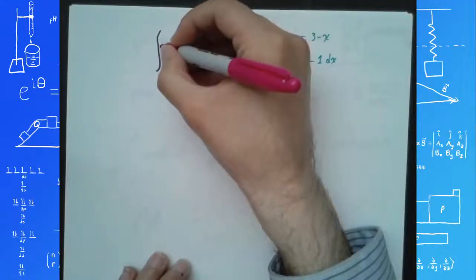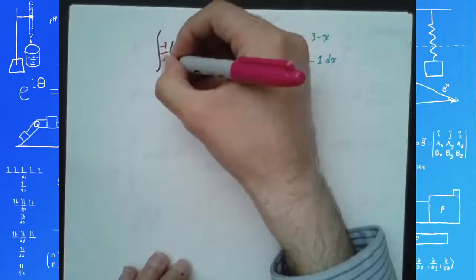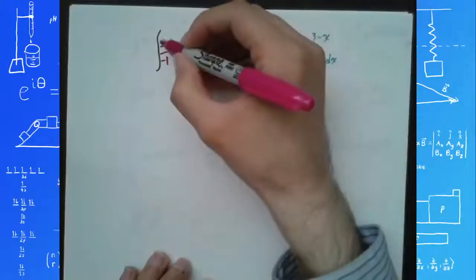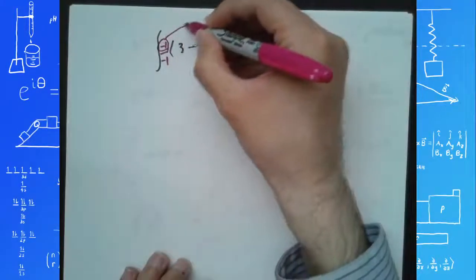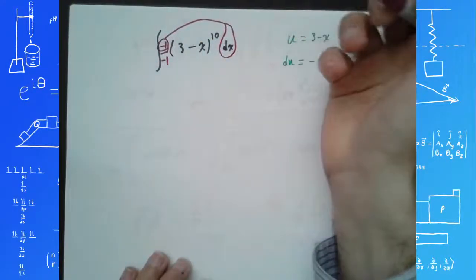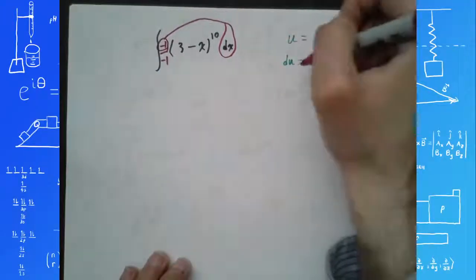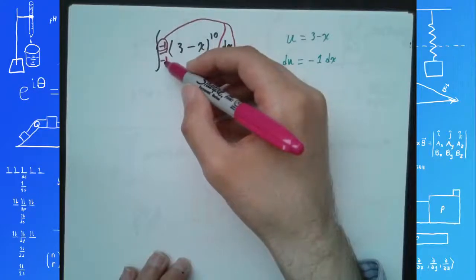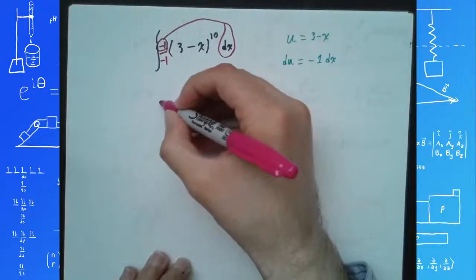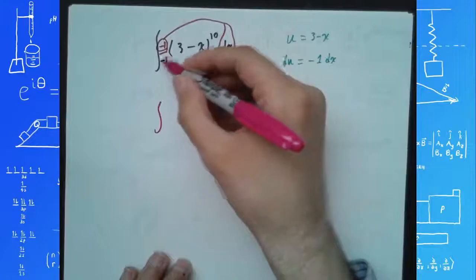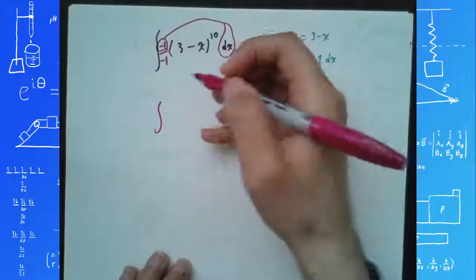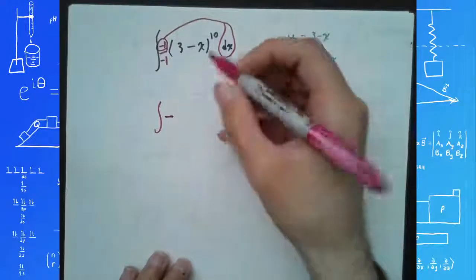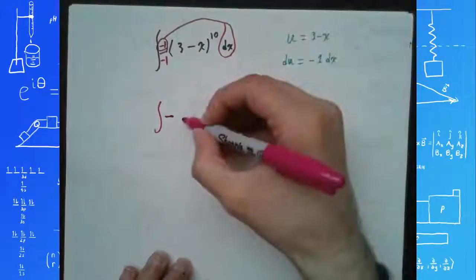If I multiply this by -1 over -1, then I haven't really changed it, but now I have a -1 dx that I can take and replace with du. And I'm left with the integral of that other -1 that we didn't take. The one in the denominator just makes a negative up front. 3 minus x becomes u.